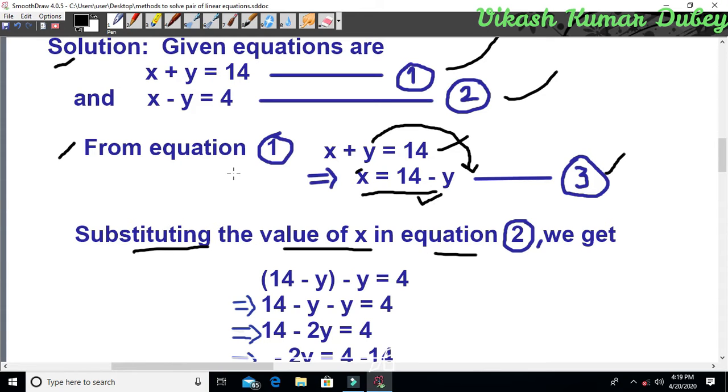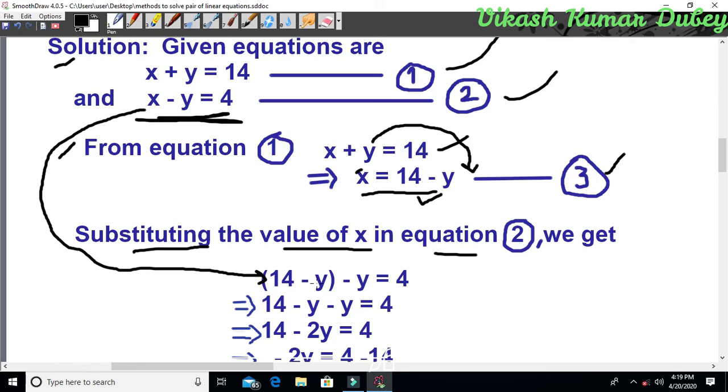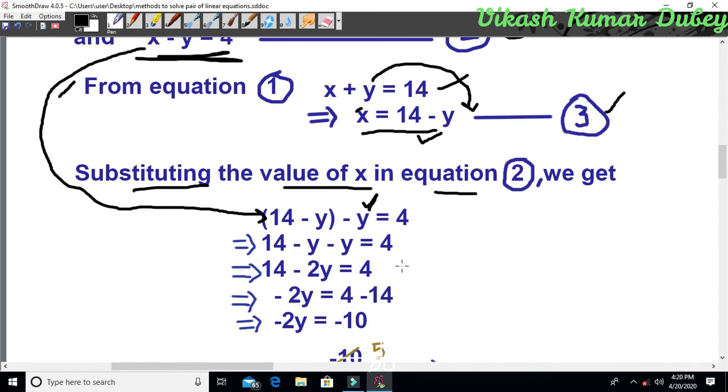Equation 2 is x minus y is equal to 4. So in place of x you put 14 minus y, and this y as it is, so we write 14 minus y minus y is equal to 4. This is equation 2, and now solve this.